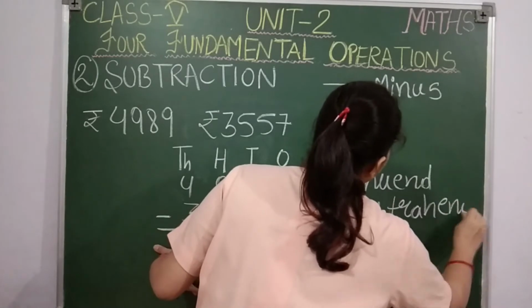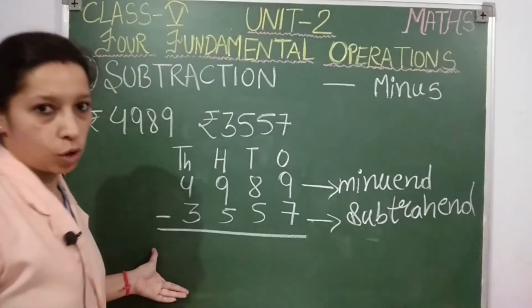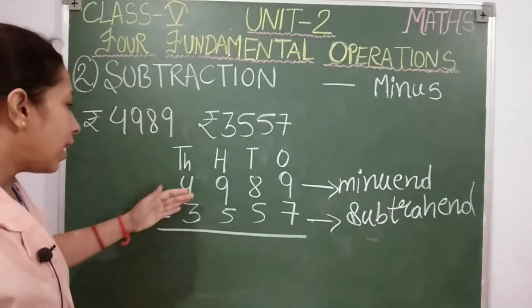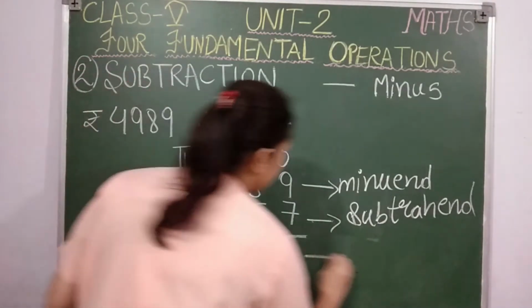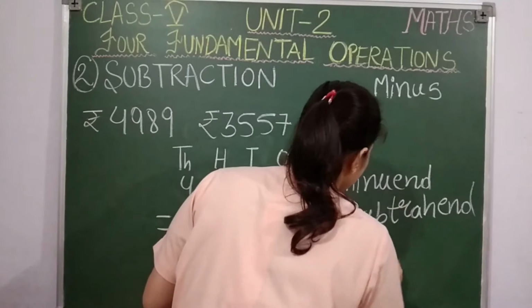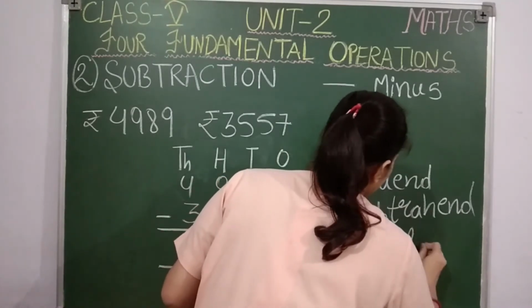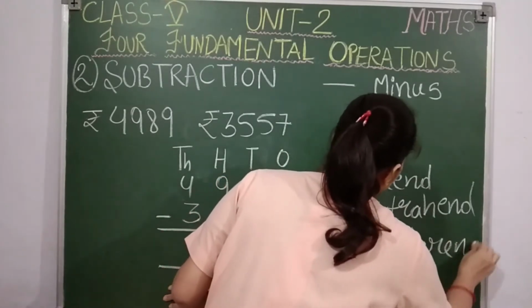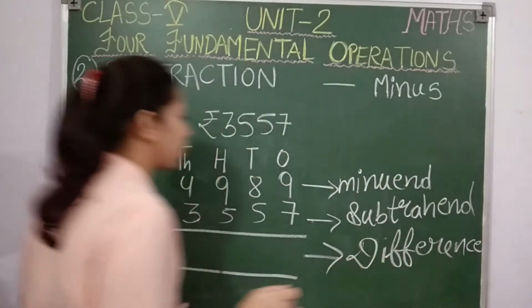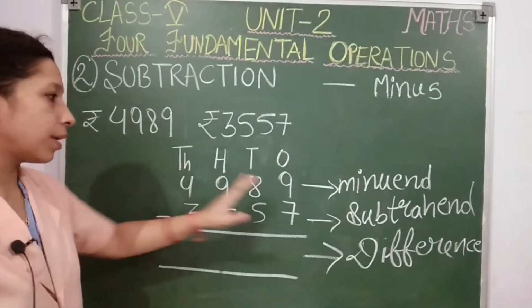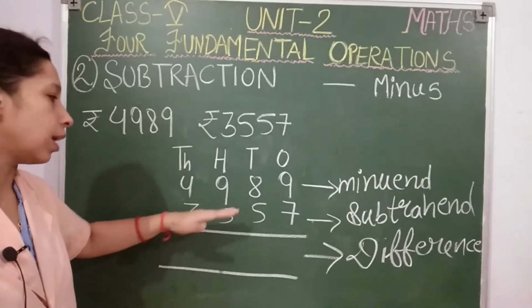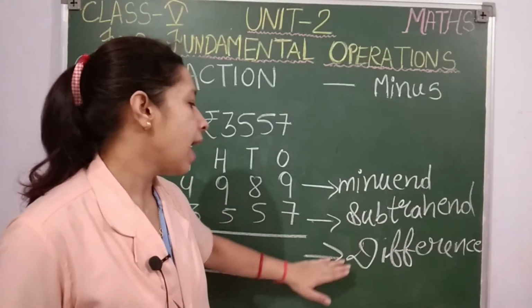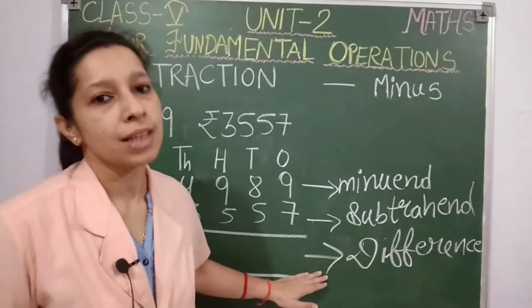So you should be clear about these terms also. Okay. Then when you will find the difference, the result will be called as difference of these two numbers. Clear, students? So when you do subtraction, the large number is known as minuend, the smaller number which is written below the large number is known as subtrahend, and their result is known as difference.